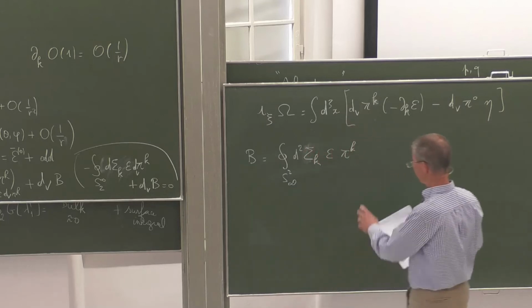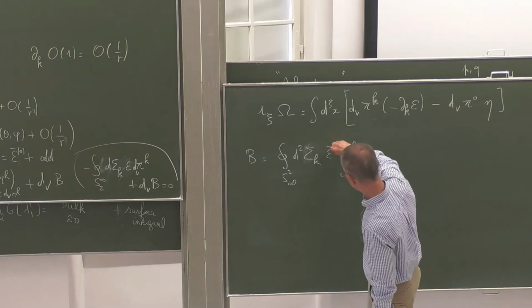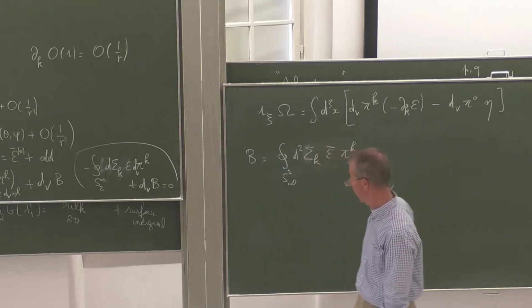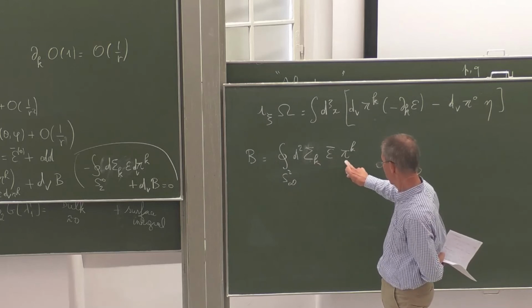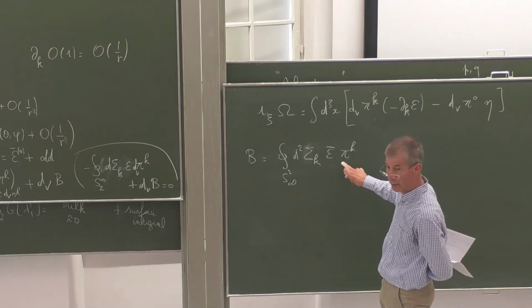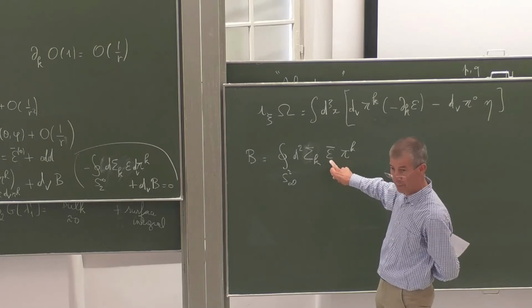It's a flux of the electric field, but there is in the integral an epsilon, and it's the asymptotic value which will be the only relevant thing. Because this goes like r squared, this goes like 1, and this goes like 1 over r squared. So it's only the leading piece which is relevant. Okay.